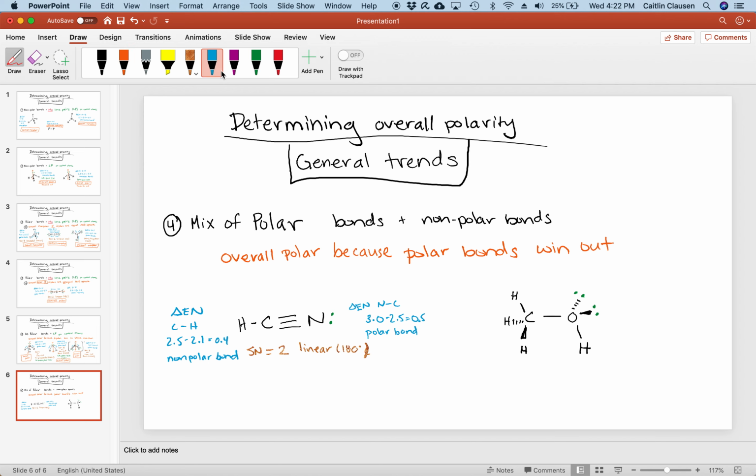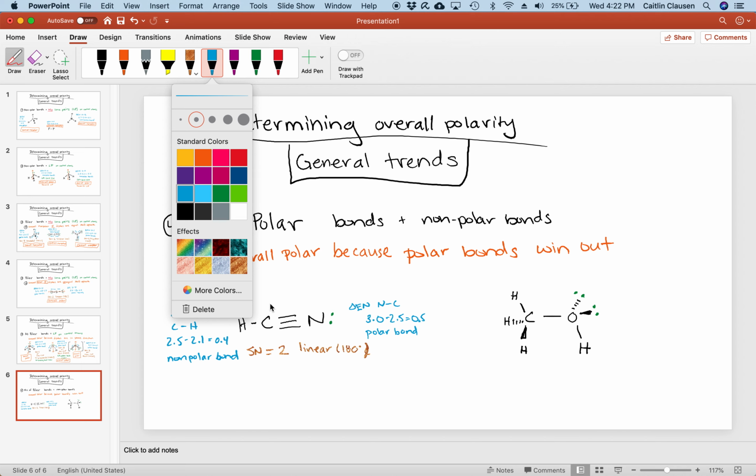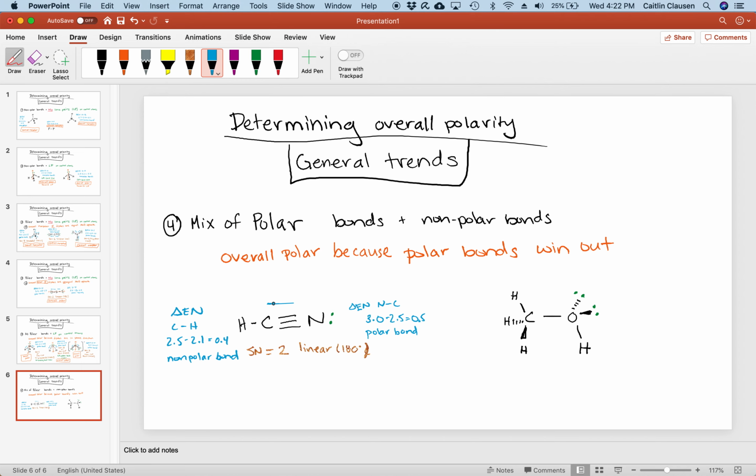If I write in my vector, it's only from the carbon to the nitrogen because that's the only polar bond. That tells me that overall I am polar in the direction of the nitrogen.